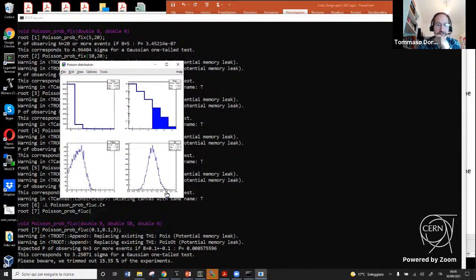And since you are sampling a number of mean 0.1 with a width of 0.1, sometimes the background fluctuates to 0.4 or 0.5. And when it does, the probability of obtaining 3 is not any longer so small. And when you sum many possible cases, this counts when you are looking for very small probabilities, and you get a number of sigma which is not so small.